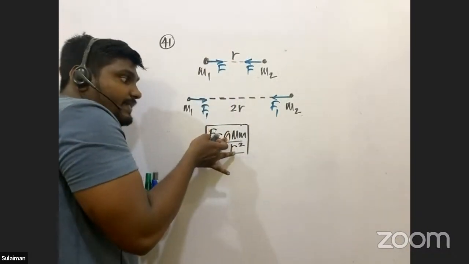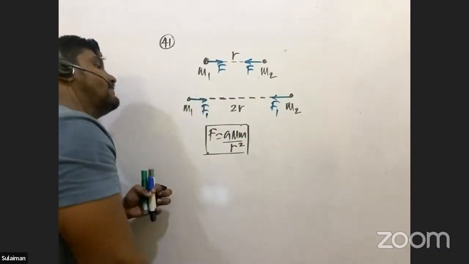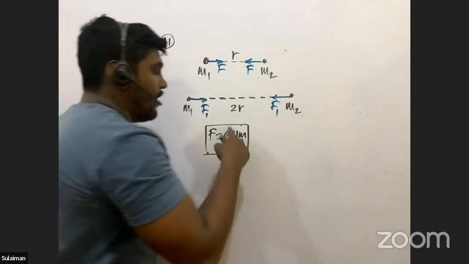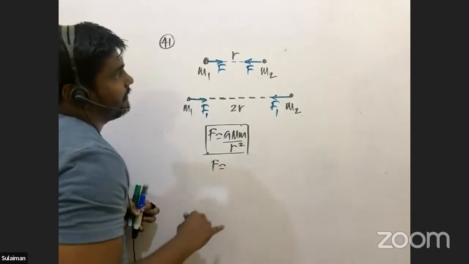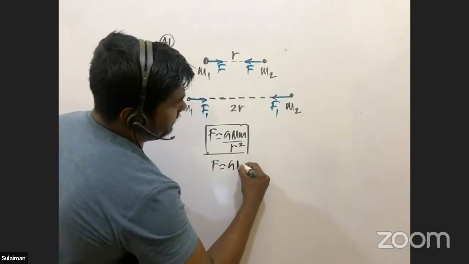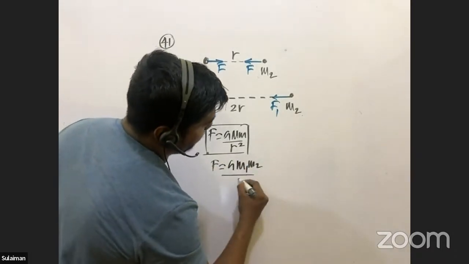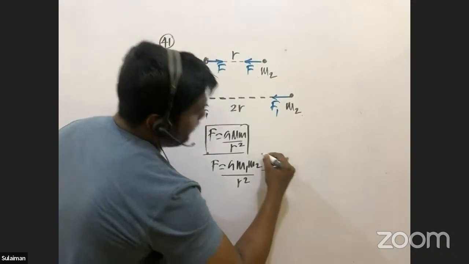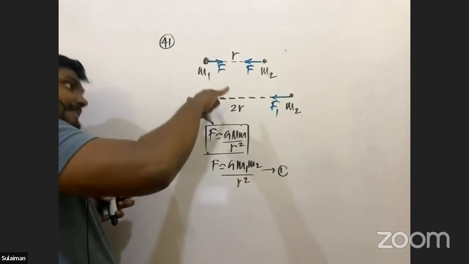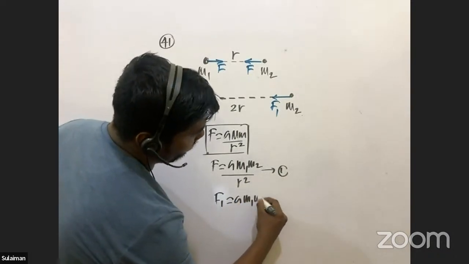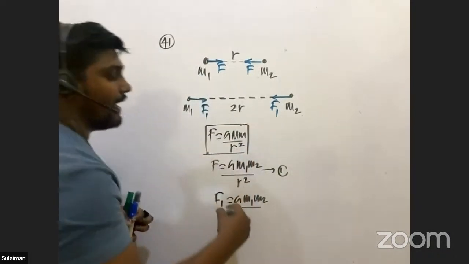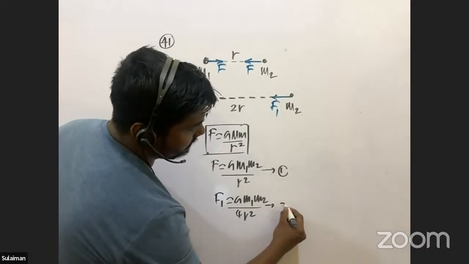G is the proportionality constant we call the universal gravitational constant. Applying this equation for the first case, F equals G m1 m2 over R squared, equation 1. For the second case, F1 equals G m1 m2 over the gap, 2R whole squared, that means 4R squared.